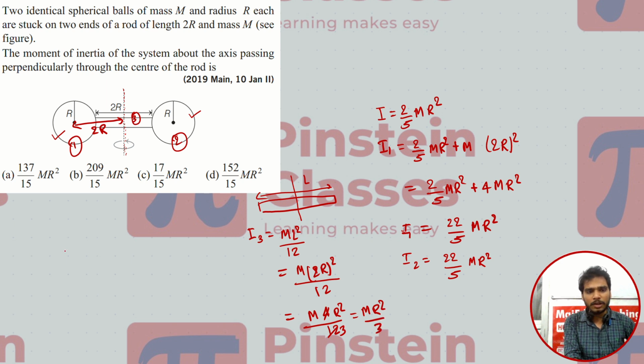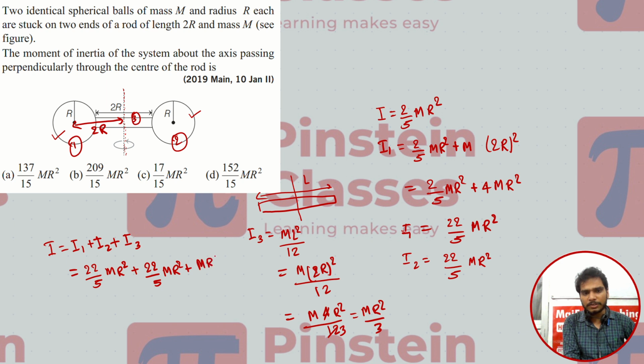So the total moment of inertia will be I equals I1 plus I2 plus I3. So this will be 22 upon 5 mr square plus 22 upon 5 mr square plus mr square upon 3.